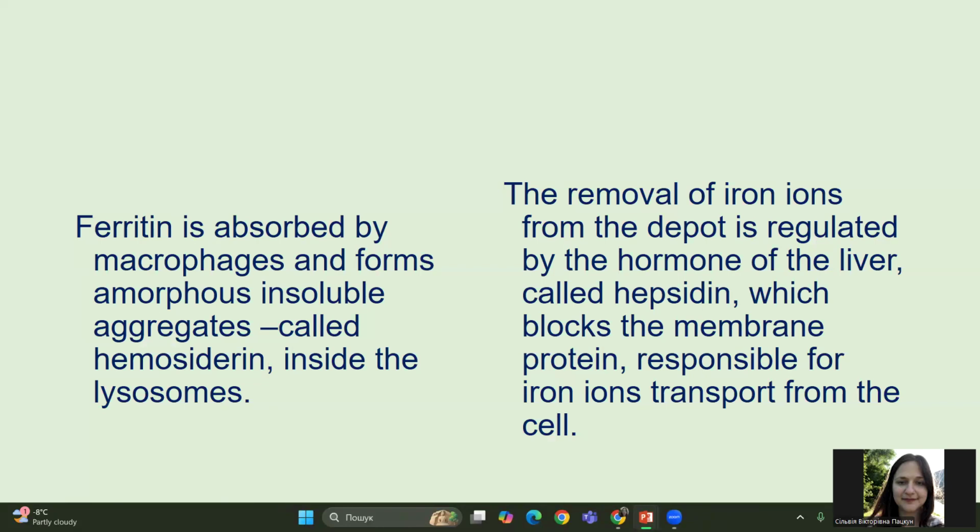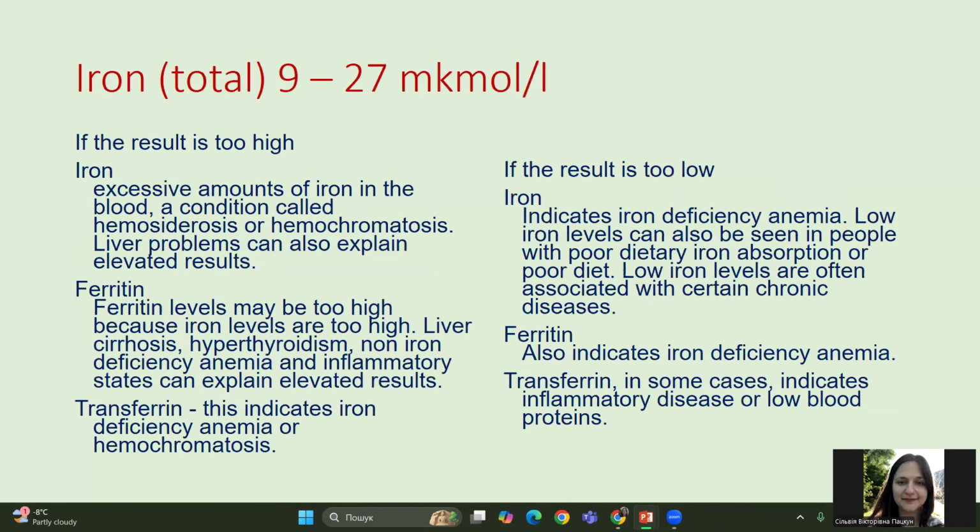The removal of iron from the depot is regulated by the hormone of the liver, which is called hepcidin. It blocks the membrane protein responsible for iron transfer from the cells. Normal value of total iron is 9 to 27 micromoles per liter.